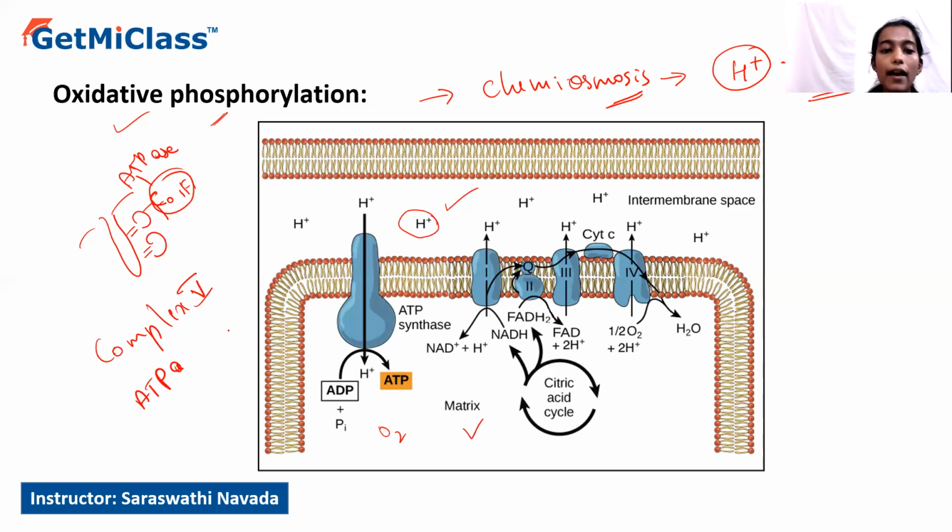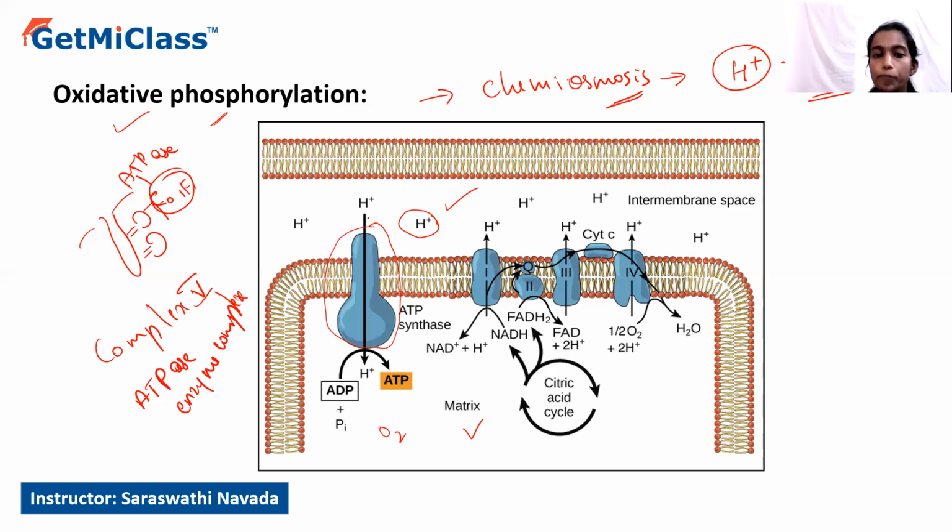This ATPase enzyme complex allows the hydrogen ions to pass through it. If hydrogen ions have to move from the intermembrane space to the mitochondrial matrix, the only option is to be transported through the ATPase enzyme complex, or the F0F1 complex.